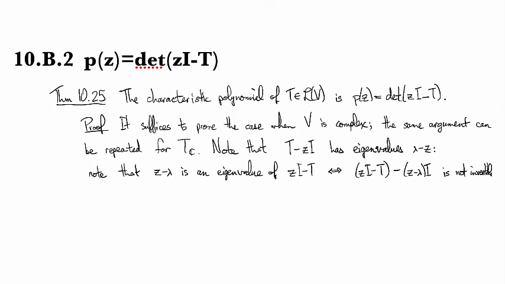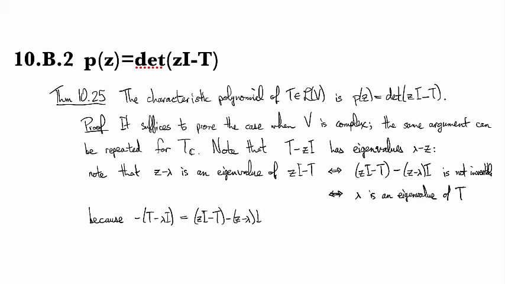And so that is not invertible if and only if lambda is an eigenvalue of t, and the reason for that is because we can rewrite things in terms of this identity, namely that minus (t minus lambda I) is equal to zI minus t minus (z minus lambda) I.